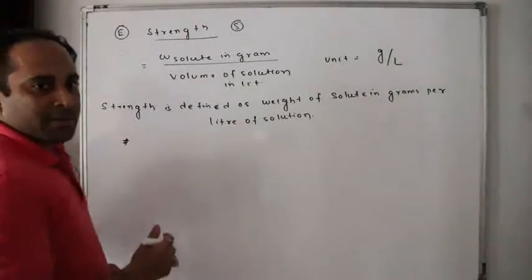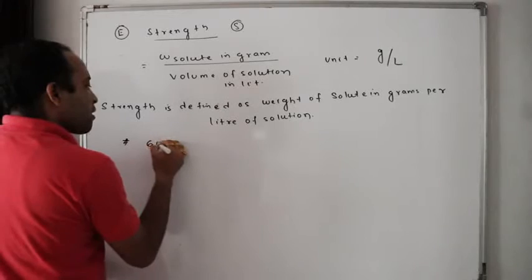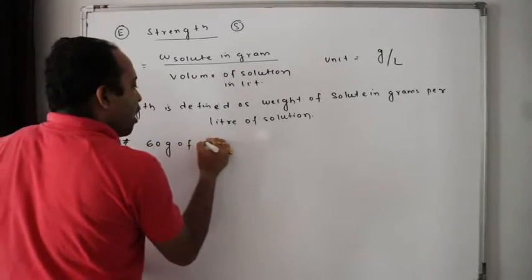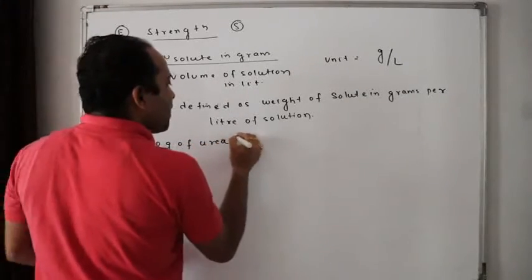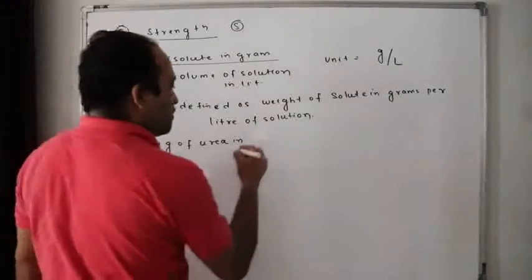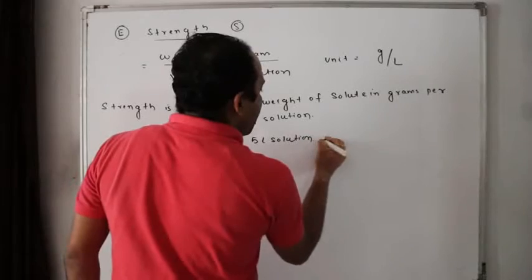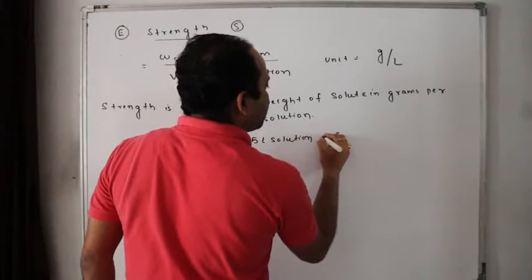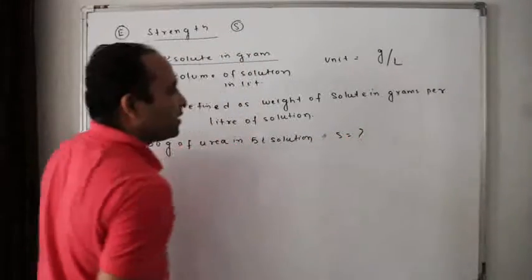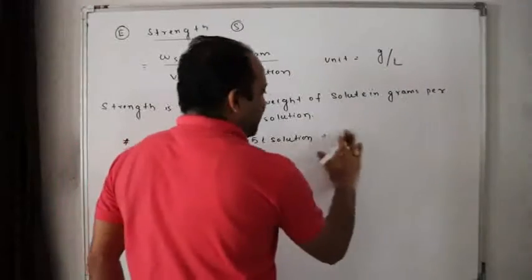Now, if I say you a question, without a question this discussion will be a waste. Question is 60 grams of urea in 5-liter solution. What is the strength? Let me write it full for you.